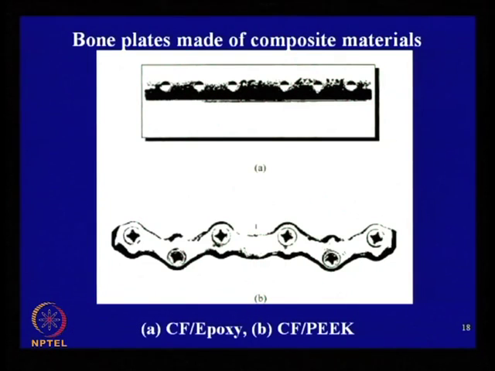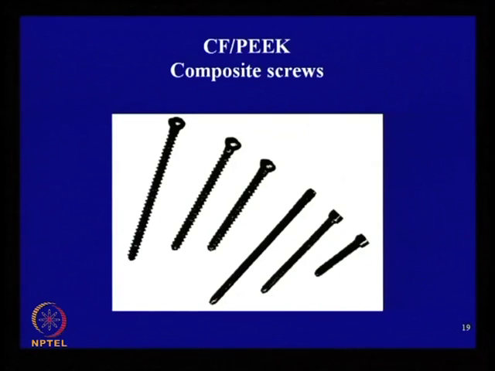These are various photographs of composites made from carbon fiber and epoxy, carbon fiber polyether ether ketone, you see, for joints, bone plates made of composite materials. These are commercially available today, these high performance composites. Although these are used in aerospace, used in automobiles for structural items, here also you see those are used as bone materials.